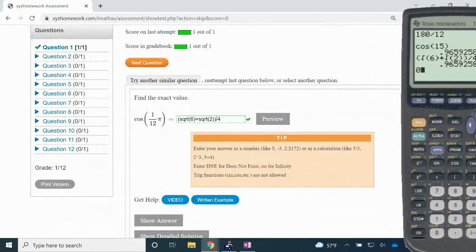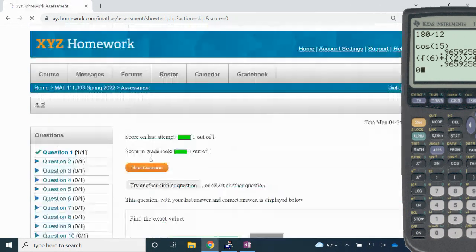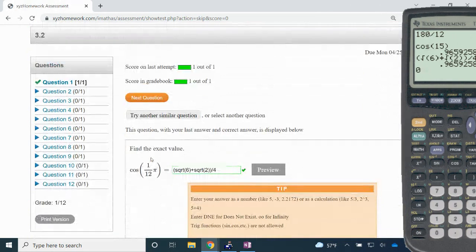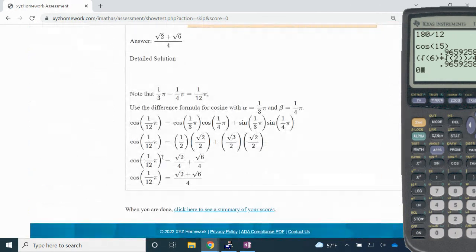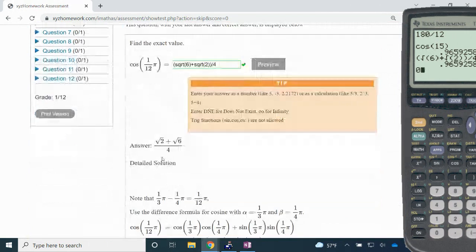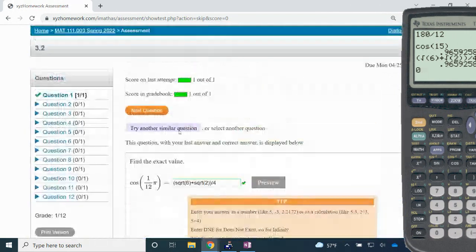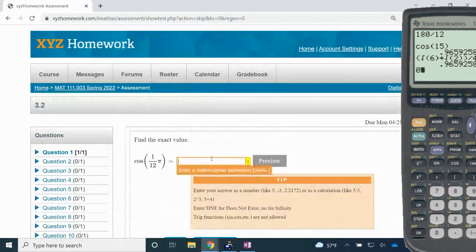Notice I use a begin set of parentheses for the numerator. I believe if you don't use parentheses, it'll mark it wrong. By the way, this is one of the problems that doesn't change.